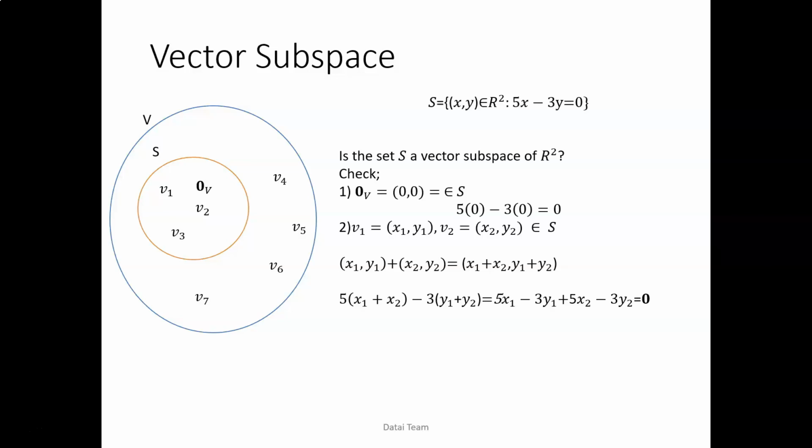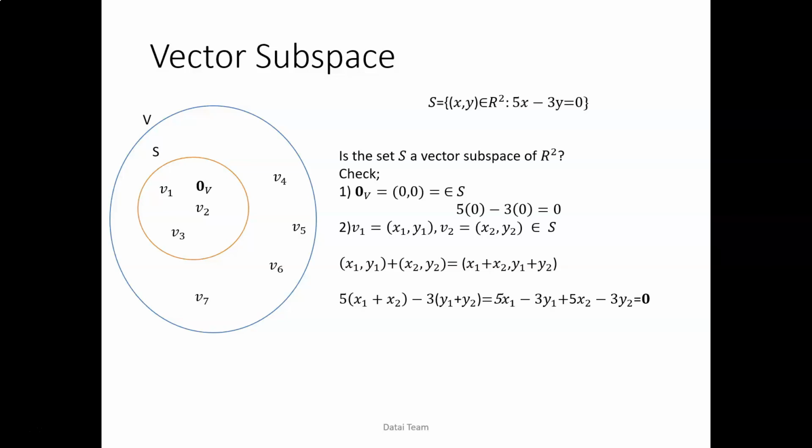We have 5x1 minus 3y1 plus 5x2 minus 3y2, and we know that this checks out. We can just put 0 for x1, x2, y1, y2, and we know that they are real numbers, so our summation is included. Or we can write different values. For example, we can say that x1 is 1 and x2 is minus 1, and we get 0.